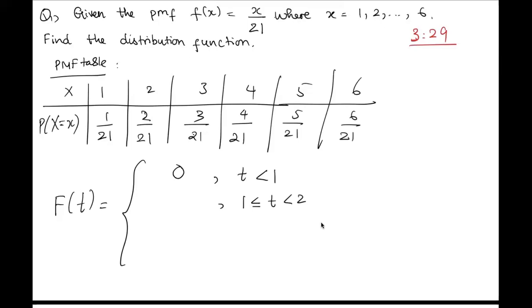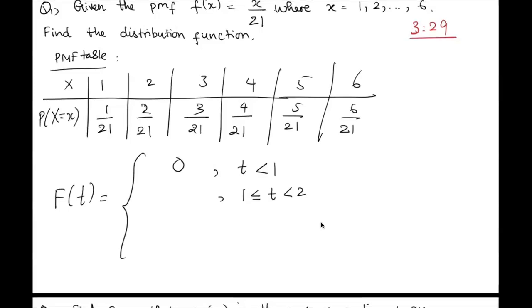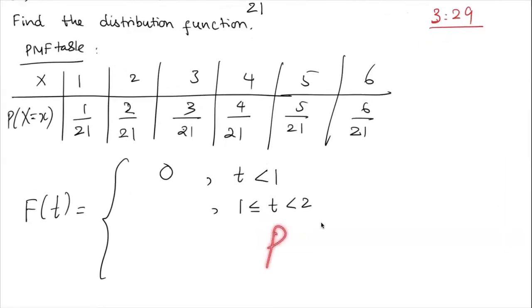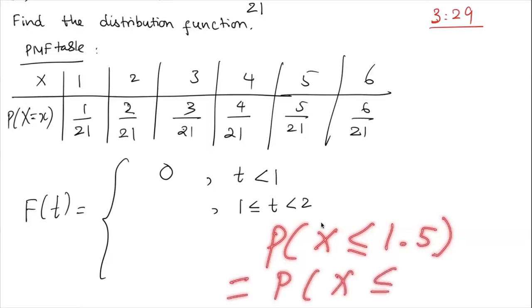So here, t is at least 1, but it is strictly less than 2. We will see why that is. So for any number between 1 and 2, let's say the probability that x is less than or equal to 1.5. It is the same as the probability x is less than or equal to 1, because x is discrete.